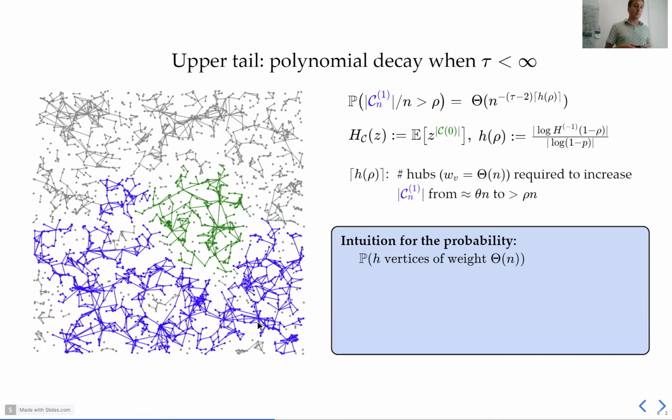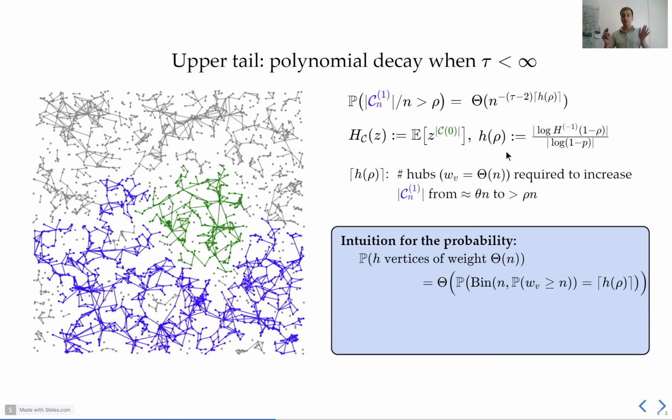So then my claim is that this is really the right strategy to increase the size of the giant. And this will give you the decay that we see here on the right. So the probability that you observe h vertices with weight roughly theta n is as follows. Vertices have independent weights.